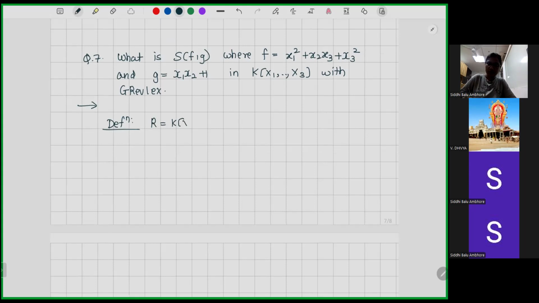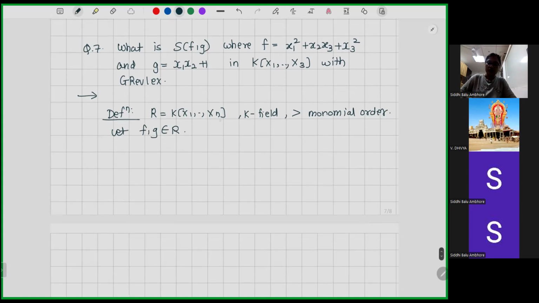So if R is polynomial ring k[x1, ..., xn], k is a field again, with a fixed monomial order. We take polynomials f and g in R, both of them non-zero.